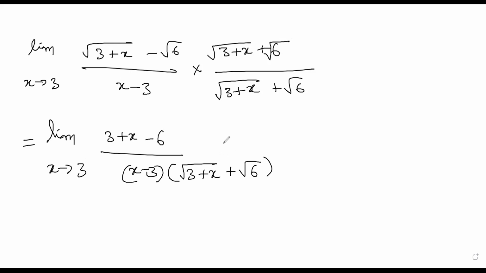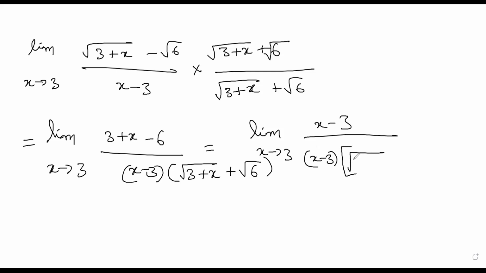Now on the top you have x minus 3 divided by x minus 3 into root of 3 plus x plus root 6. So next we take x minus 3 out.